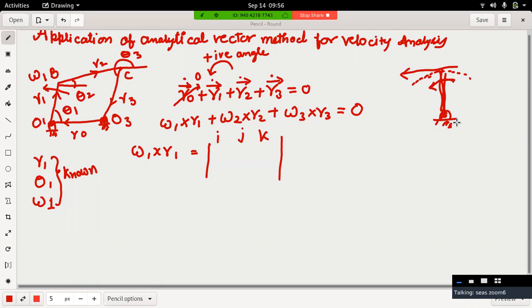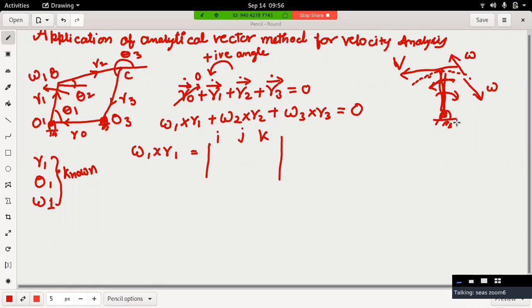So if it is moving in this direction, the angular velocity will be perpendicular to this link and coming out of the screen. Okay. Similarly, if it is going in this direction, then it will be going into the screen. It will be perpendicular to the plane in which it is rotating. This is the direction of the angular velocity vector, and this is the direction of the linear velocity.